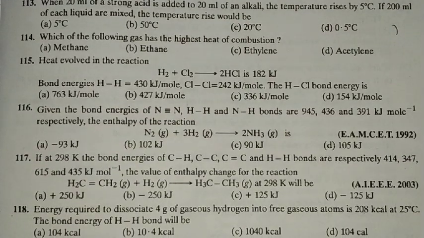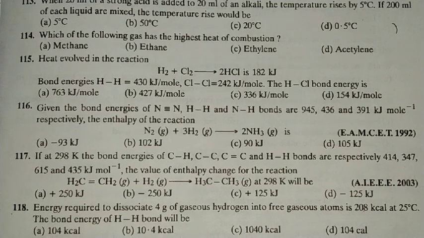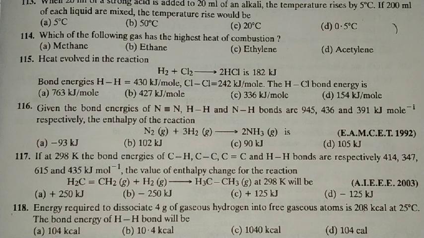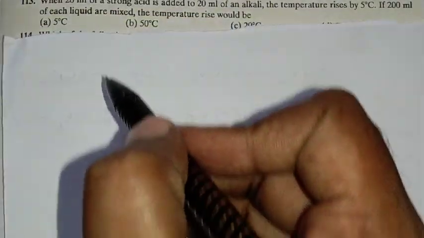Heat evolved in the reaction H2 plus Cl2 gives 2HCl is 182 kilojoule. Bond energies of H-H, Cl-Cl and H-Cl are given. So in the entire overall reaction, they asked the heat evolved. The same question we already did above.